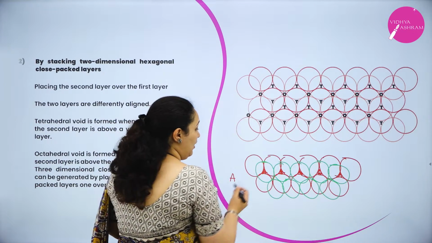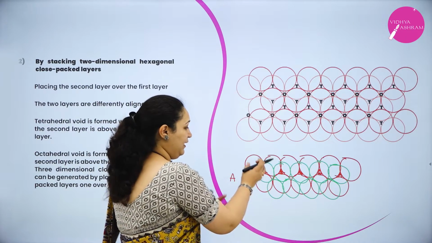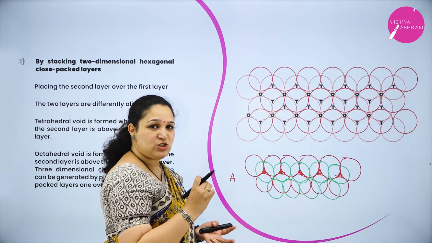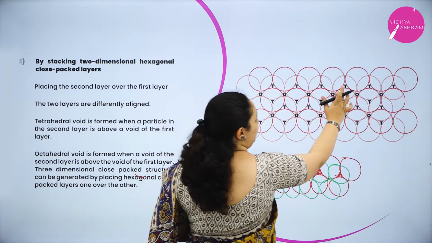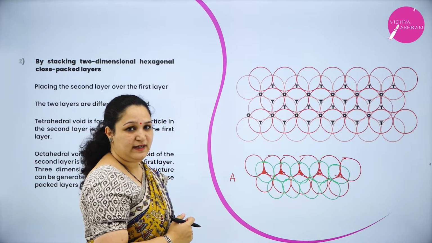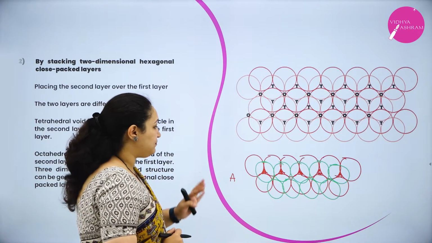Now I had a triangular void, and above that one particle was kept, which gives rise to tetrahedral voids, named T here. I see one row full, I got tetrahedral voids. I hope you all have understood till here.